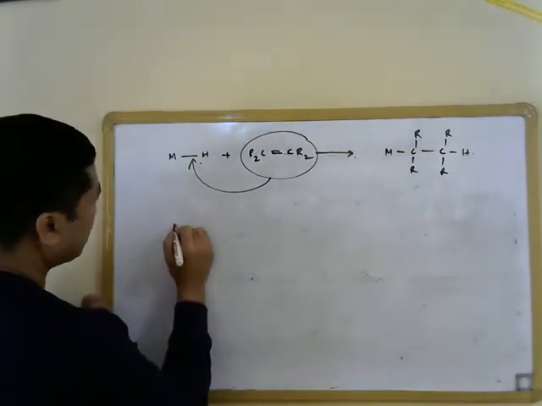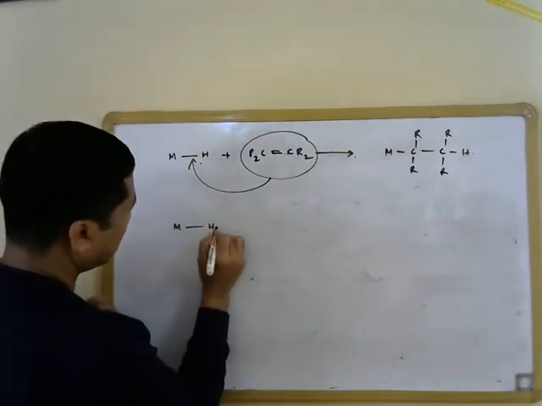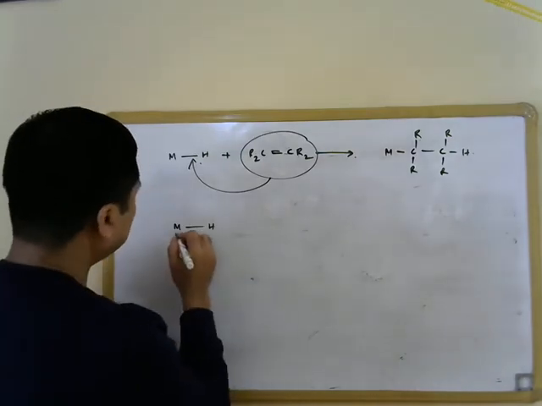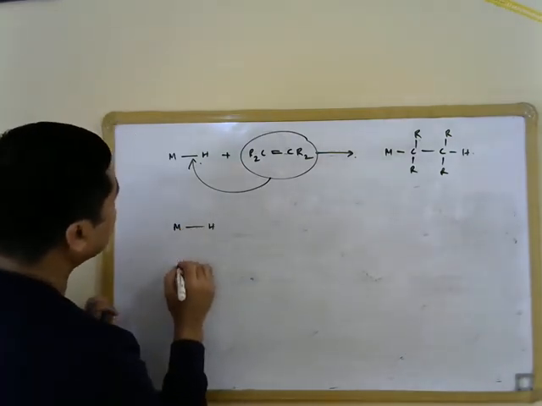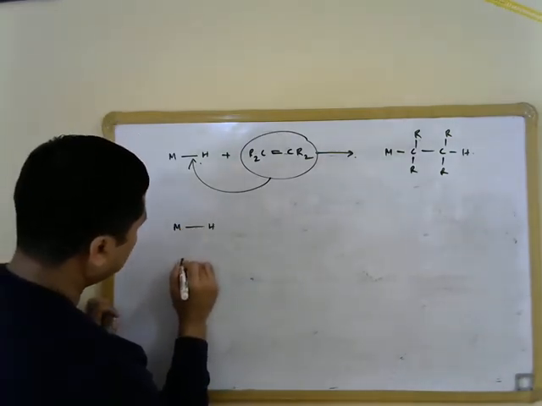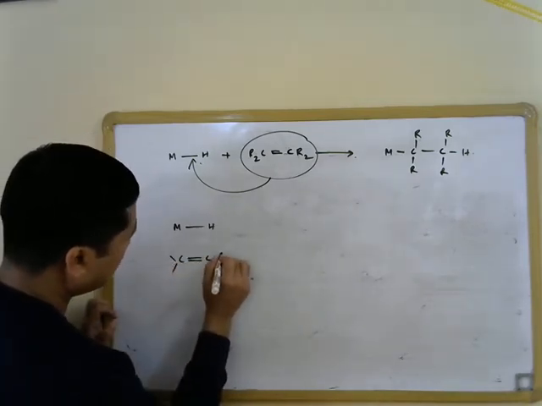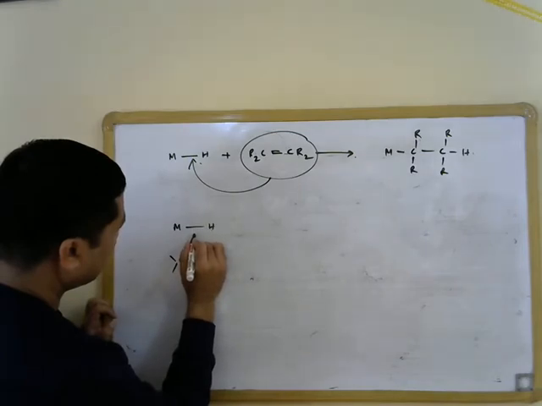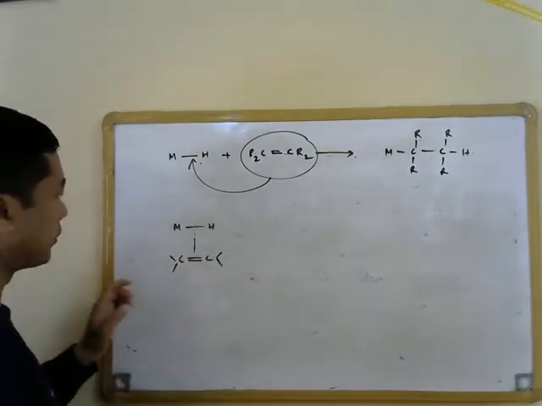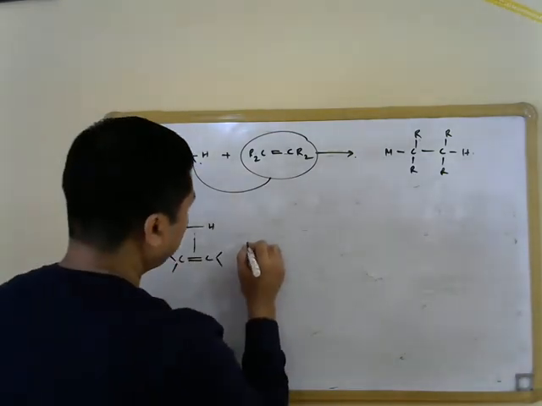Now this reaction proceeds via a four-centered intermediate, that is, there is interaction between the M-H bond and the ethylene pi bond over here.